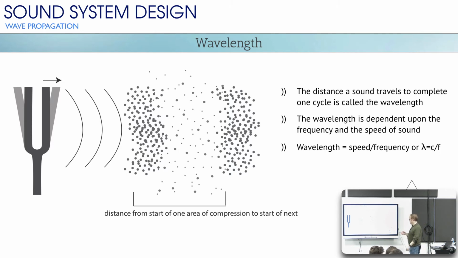So this little triangle helps me do that algebra. If I want to know wavelength, I would do speed of sound divided by frequency. If I want to know frequency, I would do speed of sound divided by wavelength. If I want to know speed of sound, I multiply wavelength by frequency. See how that works? Just a helpful little shortcut that makes me not have to think as hard.